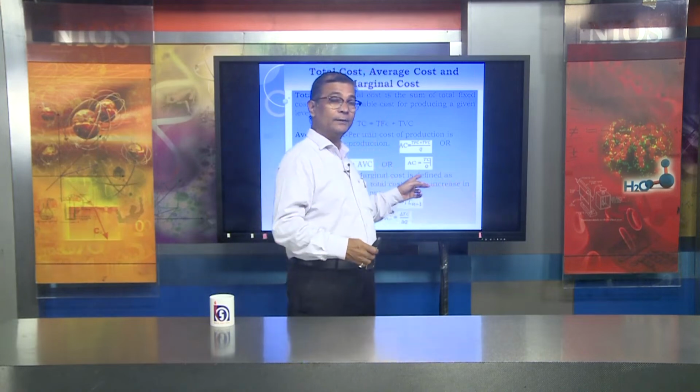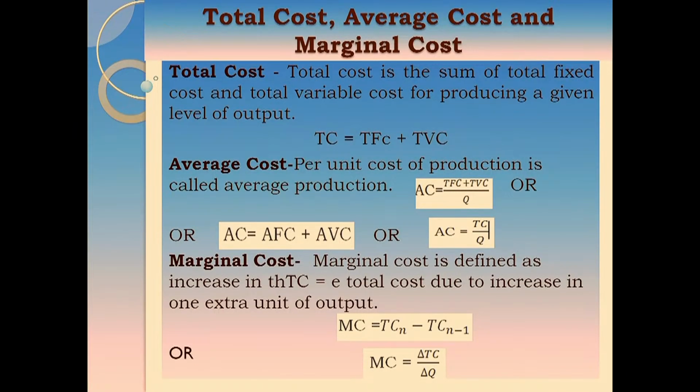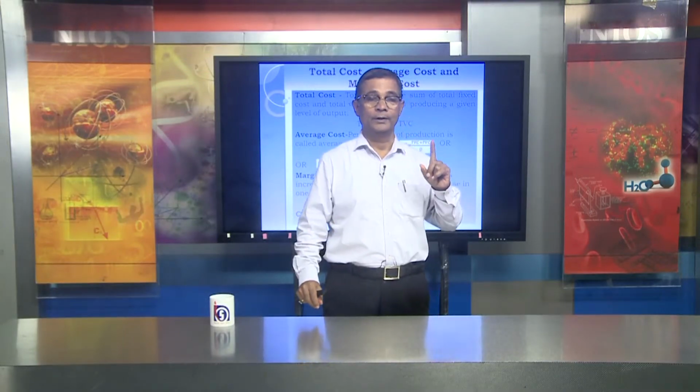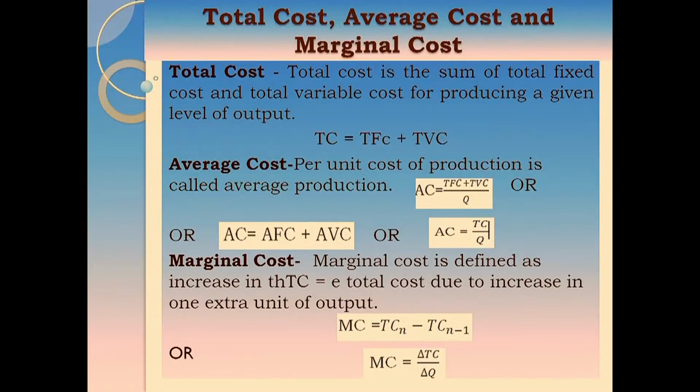Again what we see, the other way to calculate AC: in the previous cost, total cost, we have seen that the TC is the sum of TFC and TVC, total fixed cost and total variable cost. Clear? Which we have discussed by making the bifurcation between these two, and we follow the same pattern.